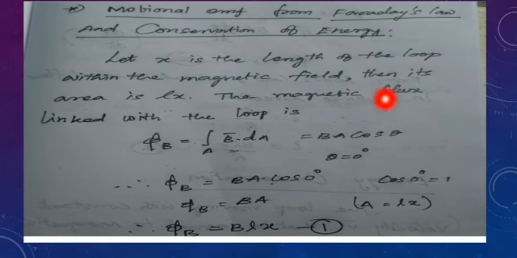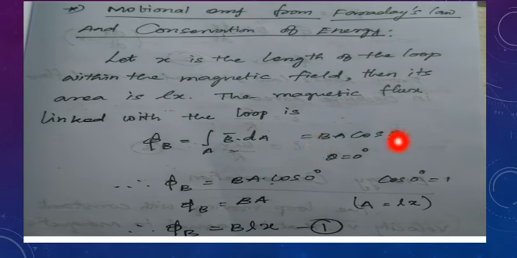Therefore the magnetic flux linked with the loop is, so what is the magnetic flux formula? Phi B is equal to B A cos theta, right? The same formula here: Phi B is equal to the integral of B dA over the entire loop, which is B A cos theta.